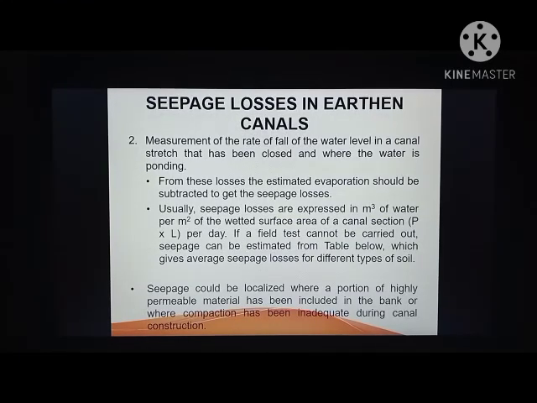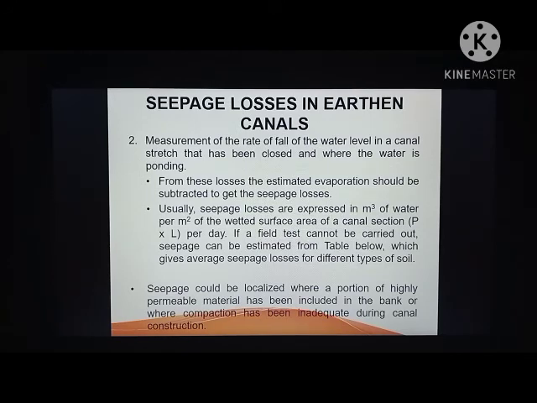The second one, measurement of the rate of fall of the water level in a canal stretch that has been closed and where the water is ponding. From these losses, the estimated evaporation should be subtracted to get the seepage loss.